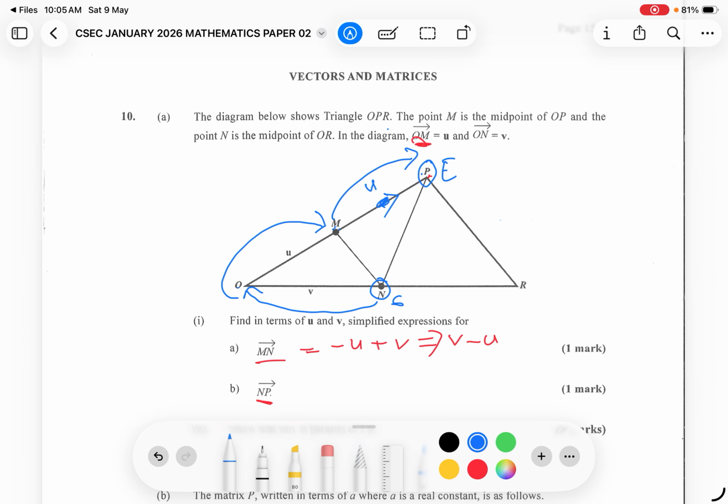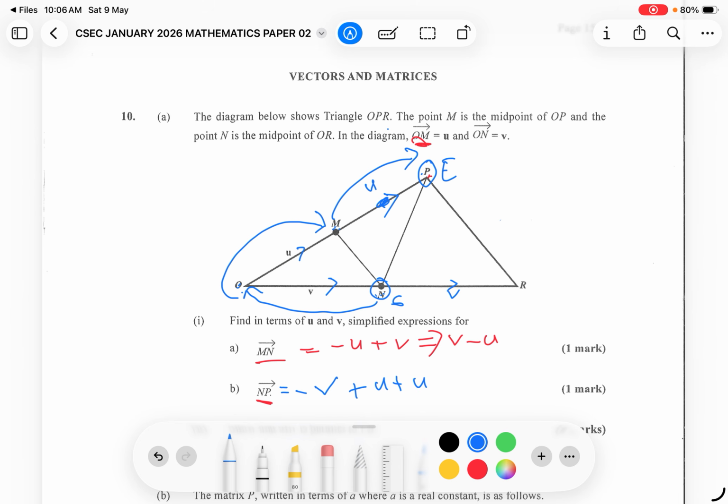So from O to M is the same as from M to P. And it therefore means that we could also put in N to R. Since from O to N is V, then N to R is also V. Putting back my directions on my arrows. All right. So from N to P now, I'm going from N to O, that's negative V, because I went in the opposite direction of my vector, plus I am going U and another U, U plus U.